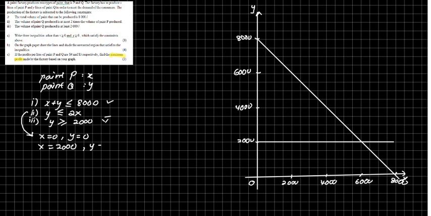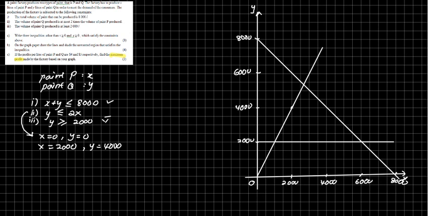Therefore y equals 4,000, because y equals 2x. So the line must pass through the coordinates 2,000 and 4,000. This is the line from the origin to the point (2,000, 4,000).